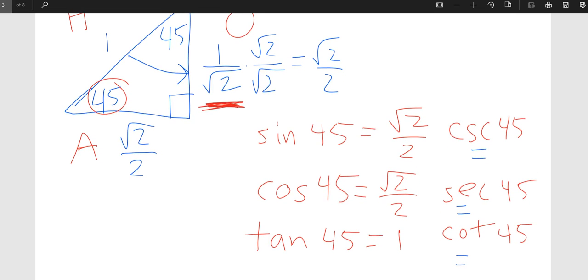I'll give you a few seconds to figure it out on your own, and then we'll see if we agree. They will equal each other, but they don't equal radical 2 over 2.